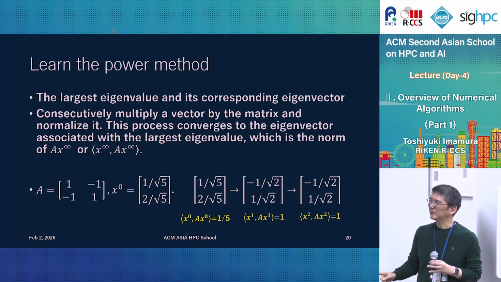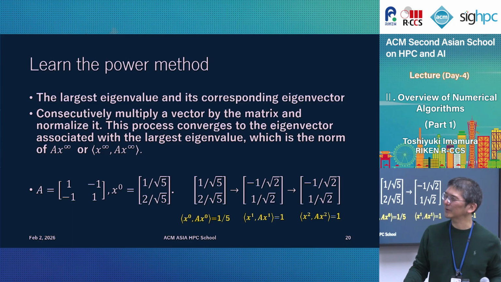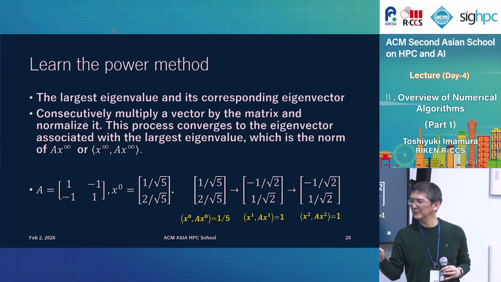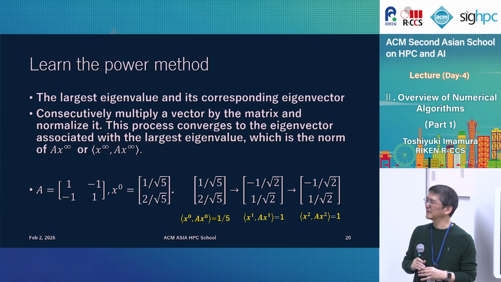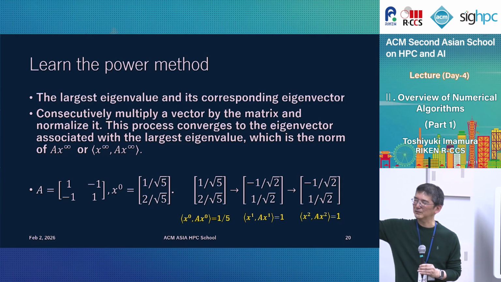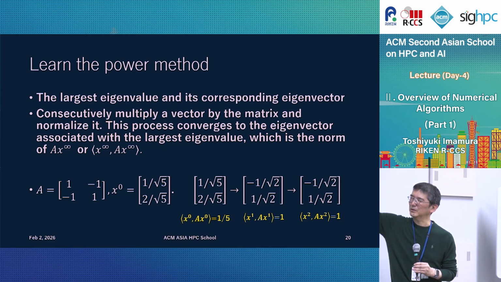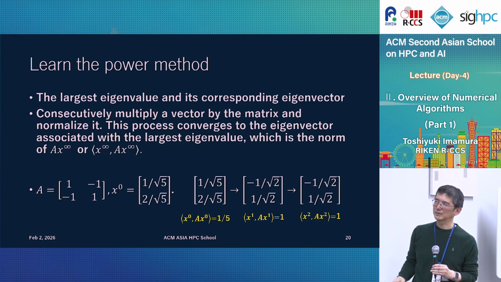Sorry. When I prepared this example, the eigenvalues should be 0 and 2. So this should be 2. Okay, so if we compute the largest one, this algorithm returns 2, and the eigenvalue is 2.